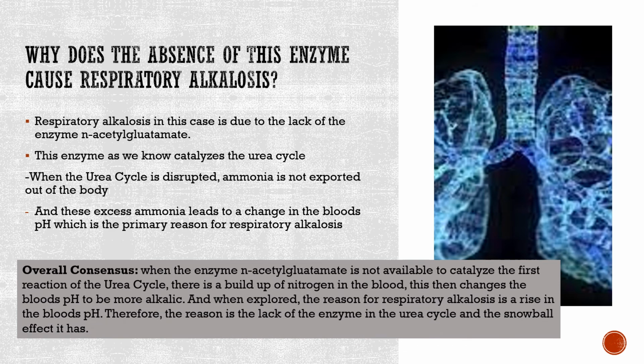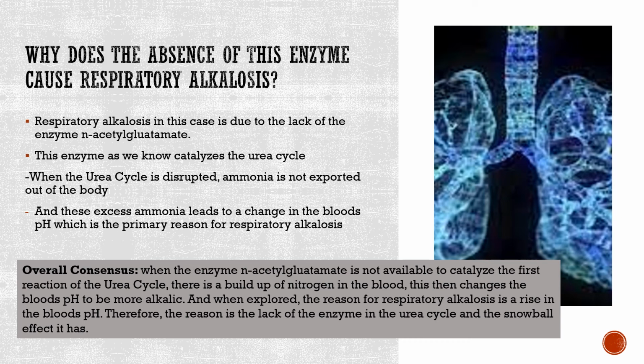So now, the overall consensus is that when the enzyme, which I cannot pronounce, is not available to catalyze the first reaction of the urea cycle, there's a buildup of nitrogen in the blood. This then changes the blood's pH to be more alkaline. And the reason for respiratory alkalosis is a rise in the blood's pH, so you can see the connection there.